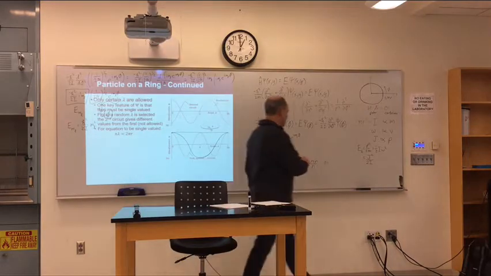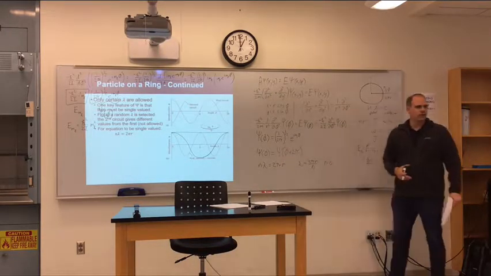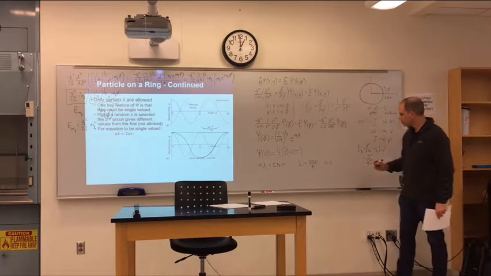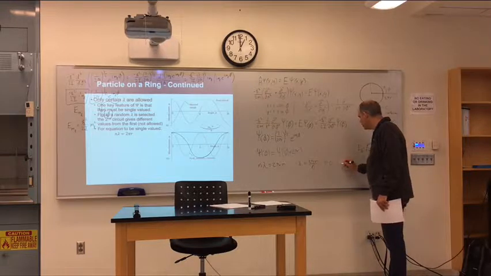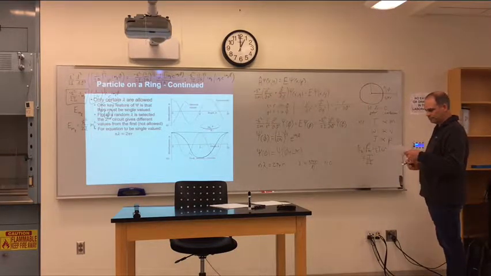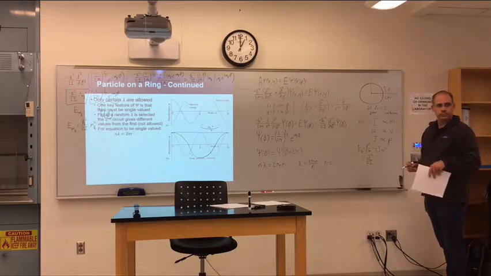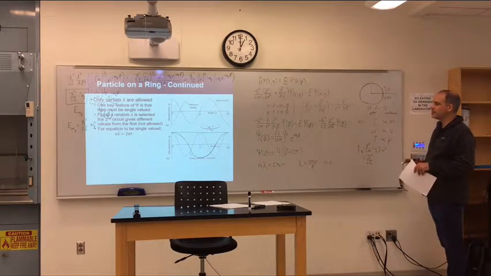So, unlike the previous ones, for this one, n can still be 0 and it'll still work. Then n could be 1, 2, and that will end up working out. Would that give you a sensible answer or no? No, in this case, the answer actually works out.